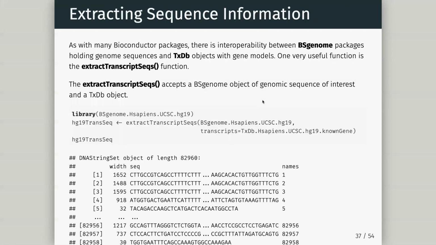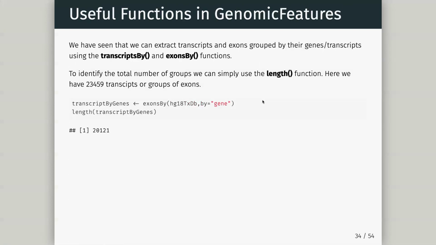So I've got some more useful functions here for working with GenomicFeatures, the last being really useful. We've seen we can extract transcripts and exons grouped by the genes or transcripts using transcriptsBy or exonsBy. So we can get all the exons associated to genes, and we can group the exons by the gene they're associated to.